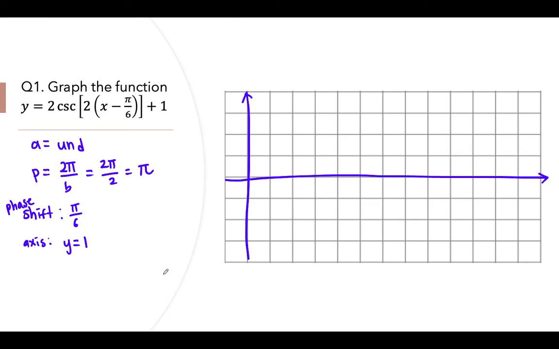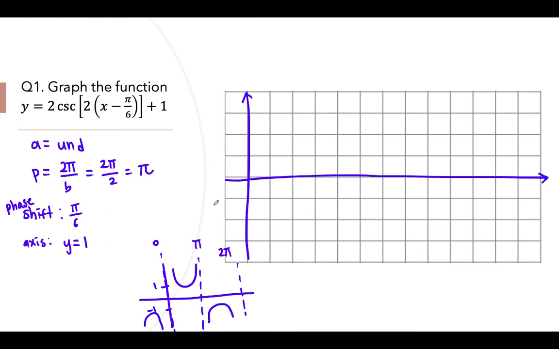Roughly, if I draw the cosecant graph, it's going to look like this, and this, and this, and that. There is an asymptote at 0, then an asymptote at pi, and an asymptote at 2 pi. So that's 1 and -1. Those are the key points that I want you to understand before you graph anything.